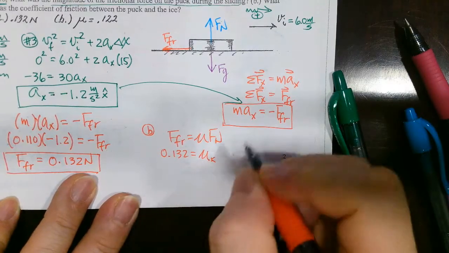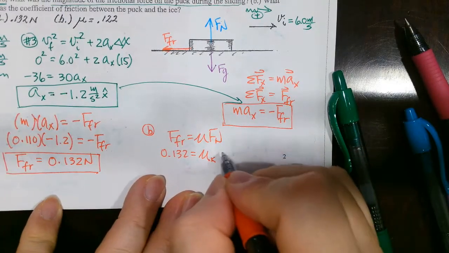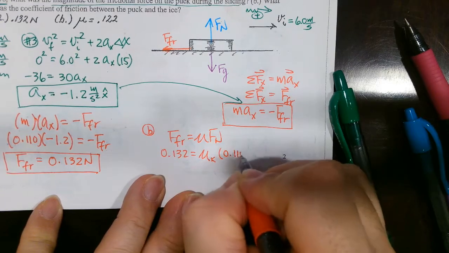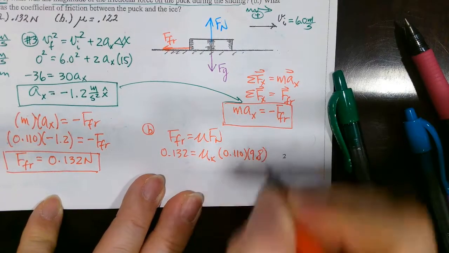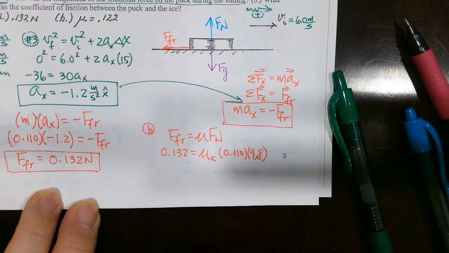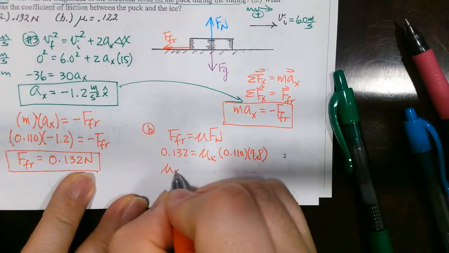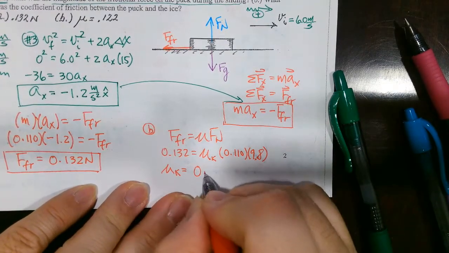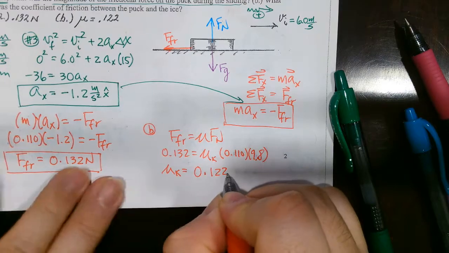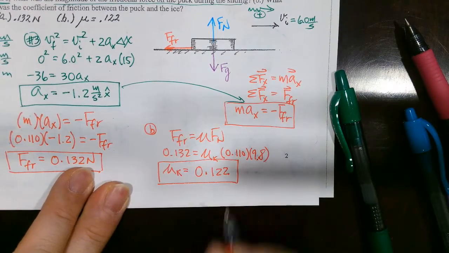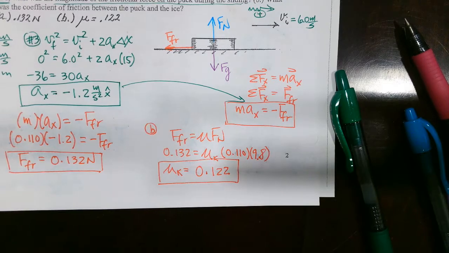Mu sub K times F normal, which is just mg, so 0.110 times 9.8. So my mu sub K is equal to 0.122 as my coefficient of kinetic friction.